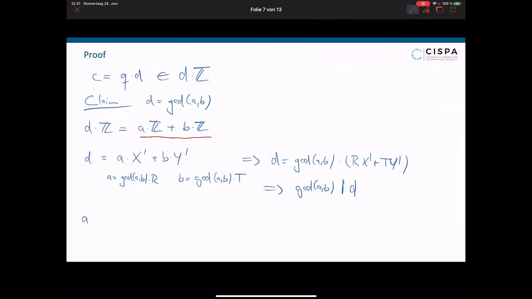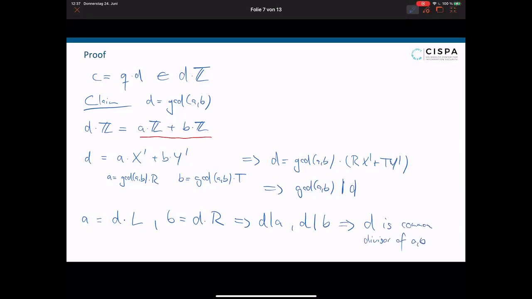That means we can write a as d times, call it l, and b equals d times r. That means d divides a and d divides b. That means d is a common divisor of a comma b.